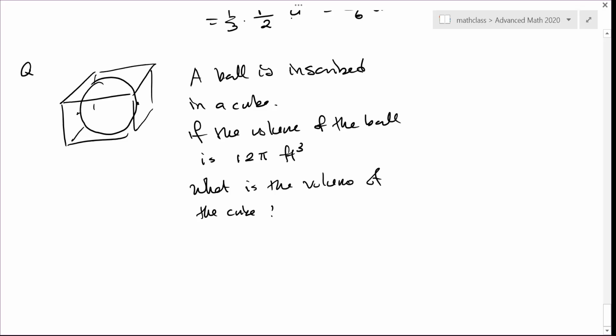Okay. Anyone have answers now to this problem? I just want to find the volume of the cube.